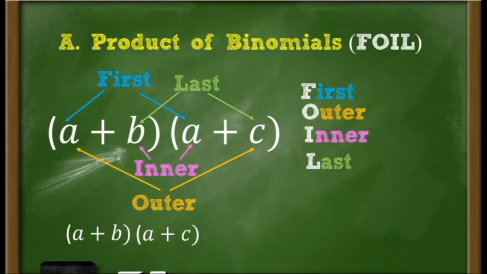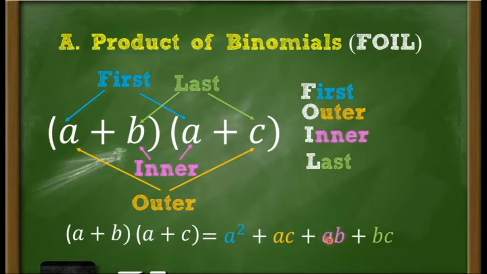So how do we get the answer or the product of this one? The result will be the product of the first terms, that's A multiplied to A, giving you A squared. Okay? Then add it to the product of your outer terms. That is your A multiplied to C, therefore you have AC.